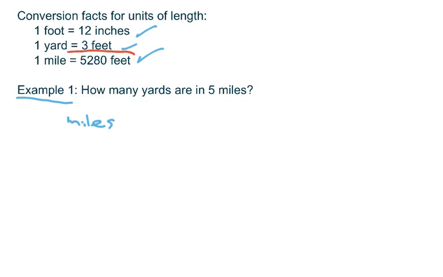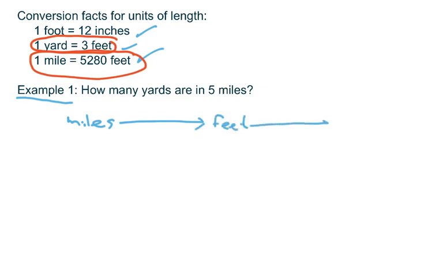As I look at my formulas, I see something that relates miles to feet. That doesn't get me to yards. But then I also see a different unit that gets me from feet to yards. So the chain of units that I'm thinking of is to go from miles to feet, and then feet to yards.